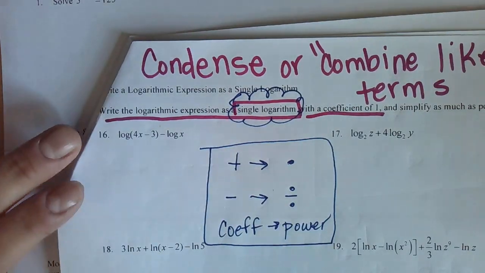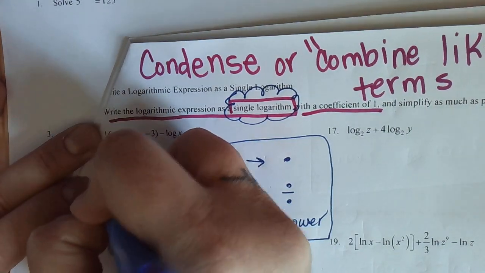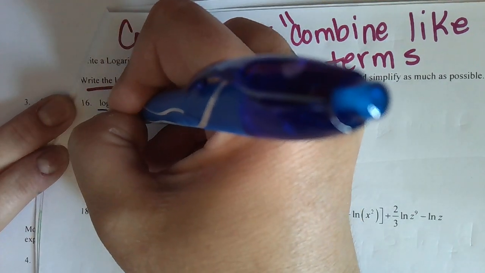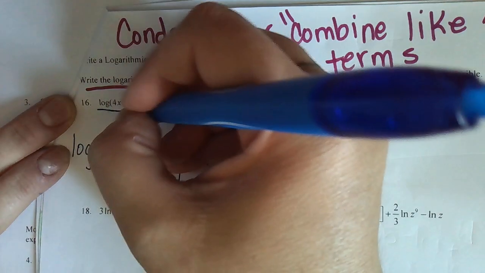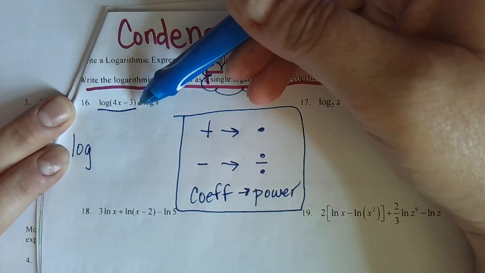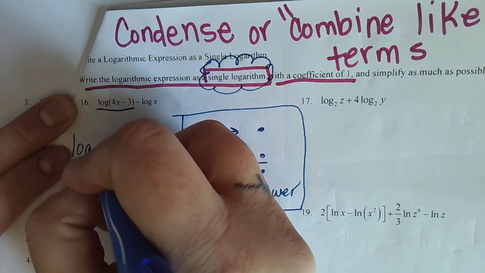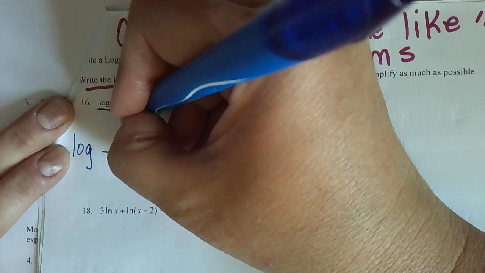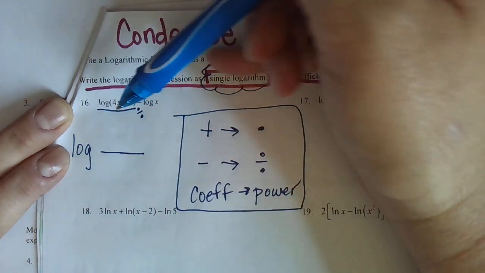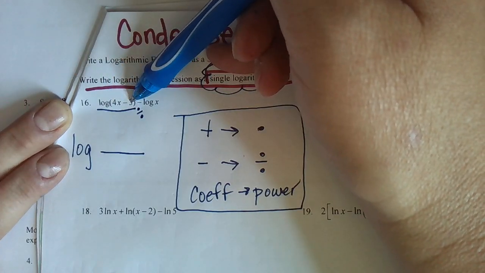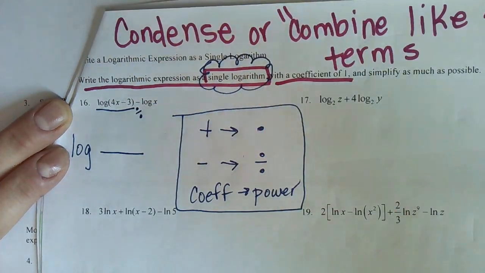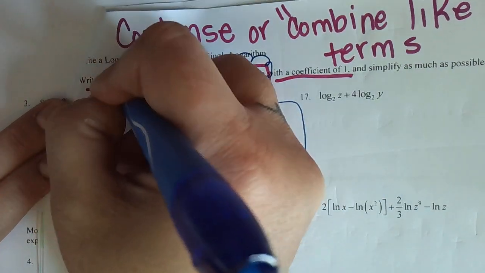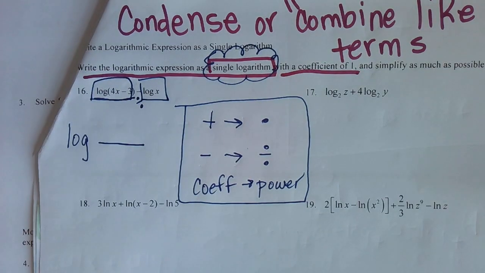All right, so let's look at number 16. We have log, and then some kind of junk, minus. The minus before the L means that becomes the division, not the minus before the 3. It has to be the minus before the L. So we have two terms, log of 4x minus 3 and log of x.